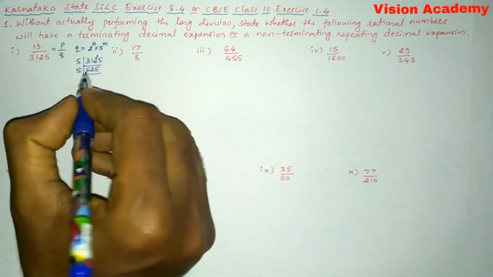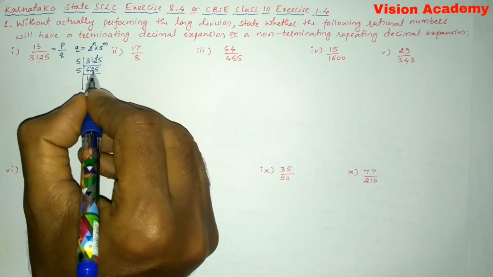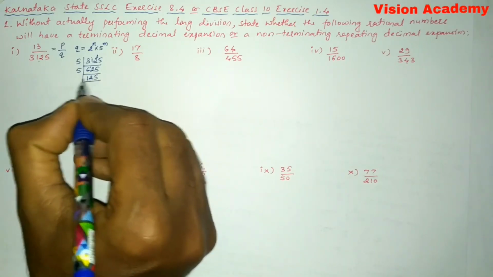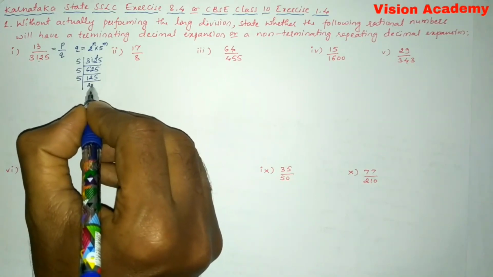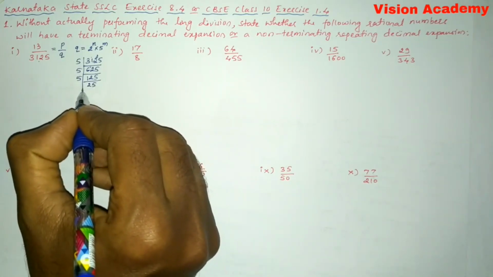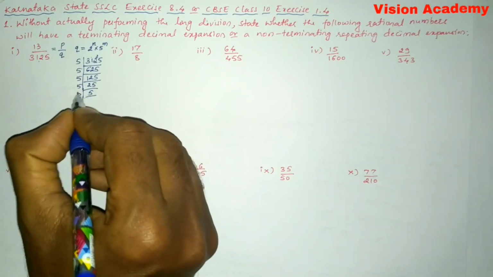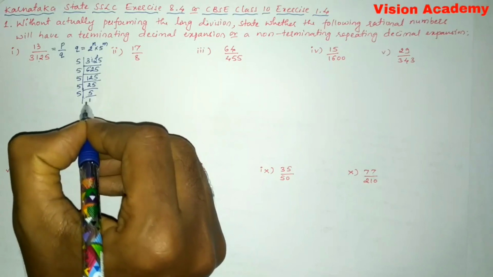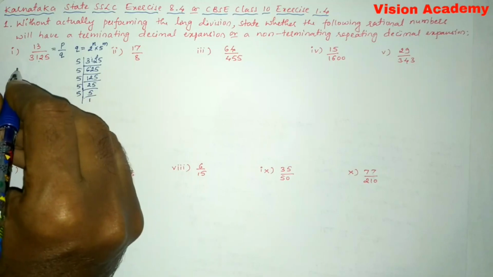Again divide this number by 5. 5 1s are 5, 1 remains. 5 2s are 10 and 5 5s are 25. Again divide by 5. 5 2s are 10, 5 5s are 25. Next again 5 5s are 25. Again divide by 5. 5 1s are 5. So 1, 2, 3, 4, 5. So that is 5 to the power 5.